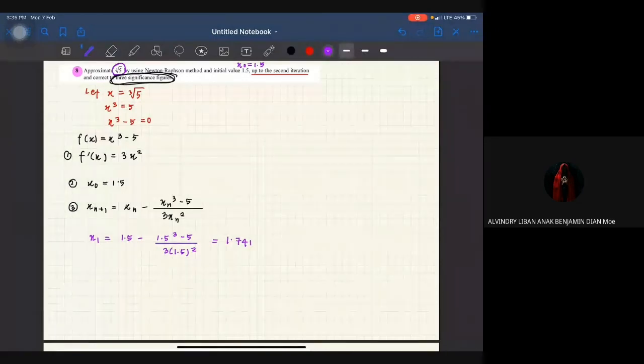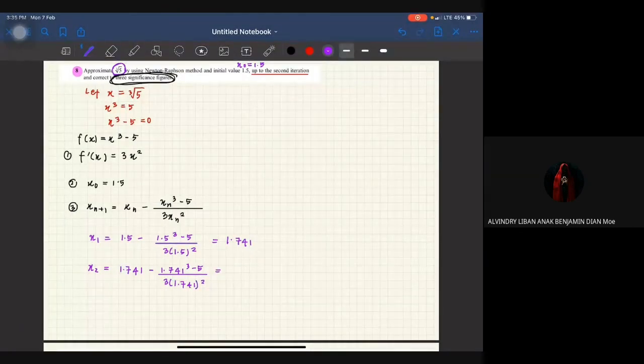Alright, and then x2. Masukkan balik nilai tadi. 1.741 minus 1.741 cube minus 5 over 3 times 1.741 squared. So this one kita akan dapat 1.711.